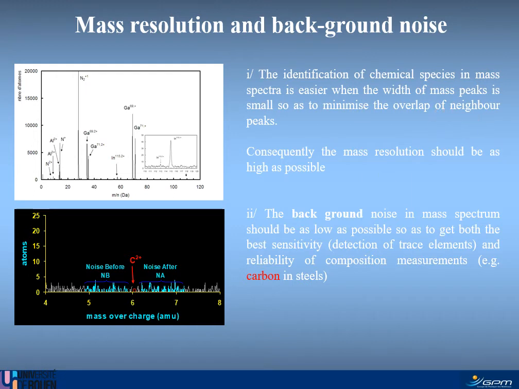Consequently, the analysis will be better and the quantitativity will be higher if you've got a high mass resolution. Also, you should have a low background noise to get the best sensitivity and reliability of composition measurement. Reliability, of course, will be larger if you've got low background noise.